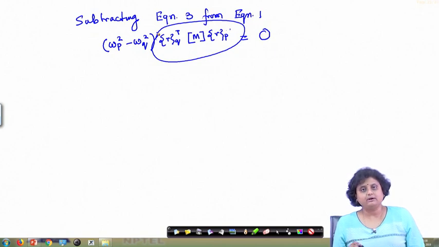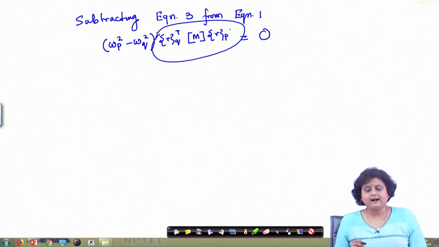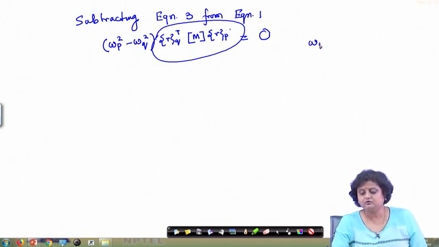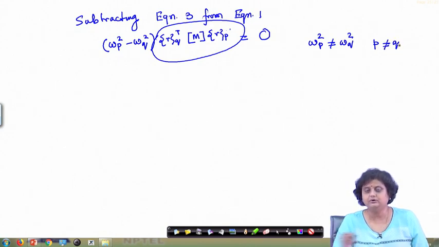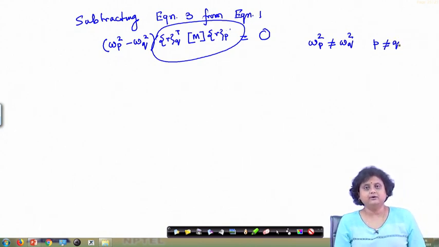Since p is not equal to q, omega p square is not equal to omega q square. So, this part of the equation is not equal to 0.